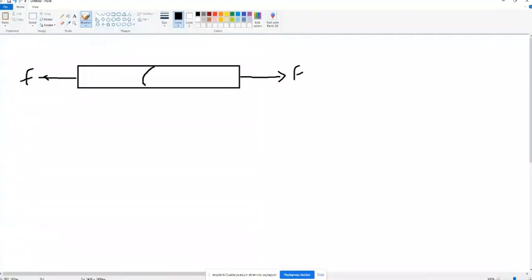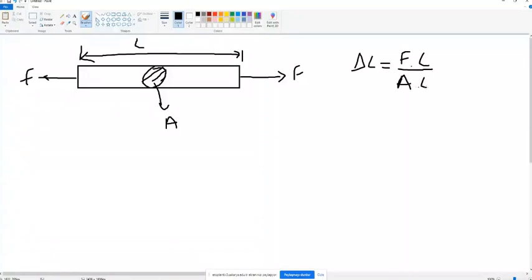I am applying F. We have a cross section, circular cross section, and we have got the area A. So I need to calculate the deformation, if you remember, delta L. And let me give the length of the bar L.